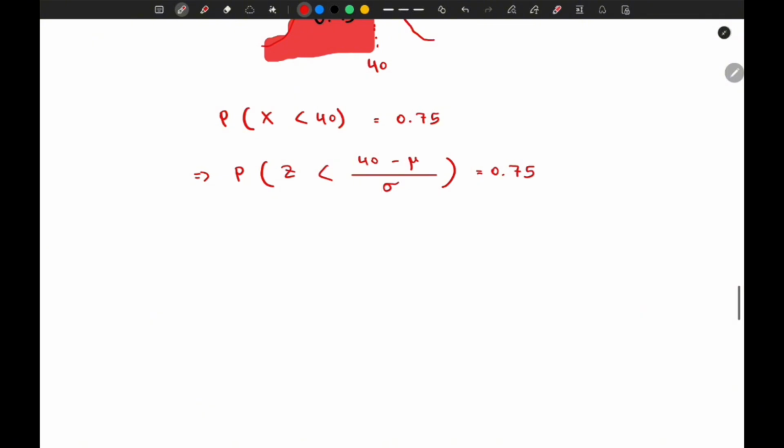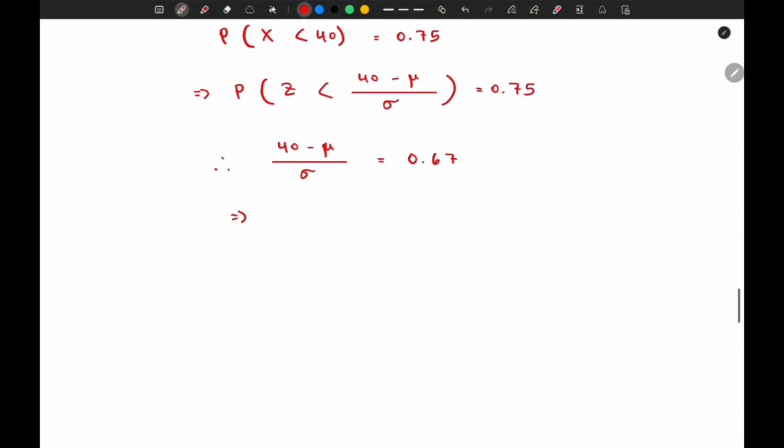So we can say that this is equals to 0.67. So 40 minus the mean value divided by the standard deviation is equals to 0.67. So we have another equation which is mu plus 0.67 times standard deviation is equals to 40. So this is our second equation.